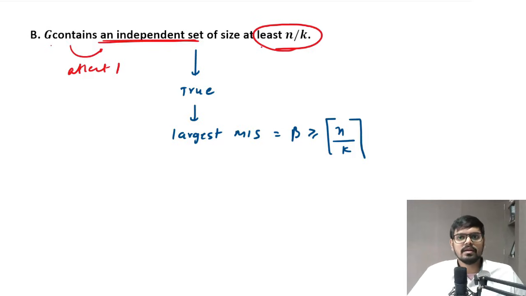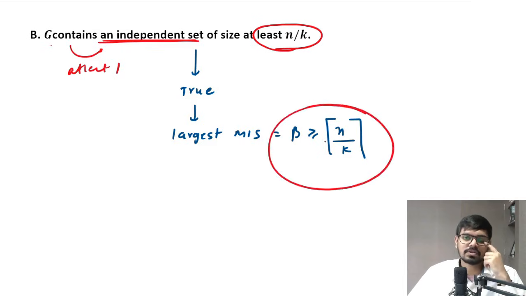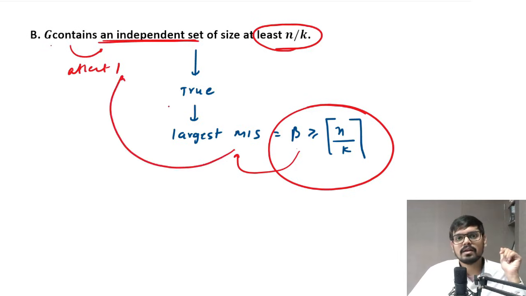And do you remember n by k, number of vertices by chromatic number? Yes sir, beta is greater than or equal to the ceiling of n by k. So what was beta? Beta was the independence number. What is the independence number? The number of vertices in the largest MIS. What is MIS? Maximal independent set. Can I say that is nothing but an independent set? So we have at least one independent set. Yes, so this is true.